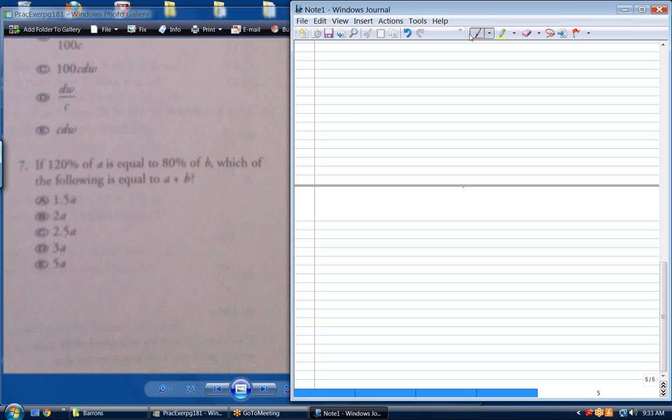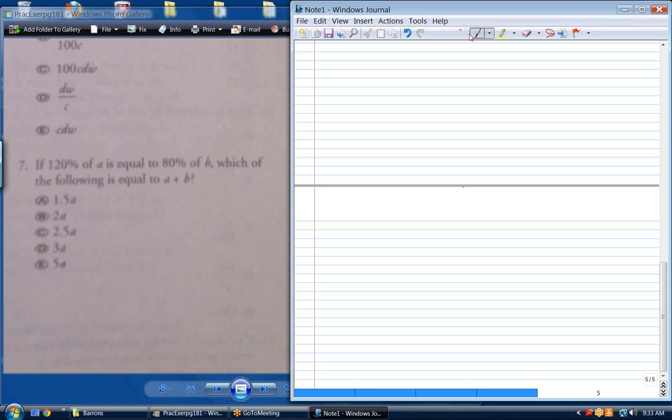Okay, this one says, if 120% of A is equal to 80% of B, which of the following is equal to A plus B? Once again, pick numbers?